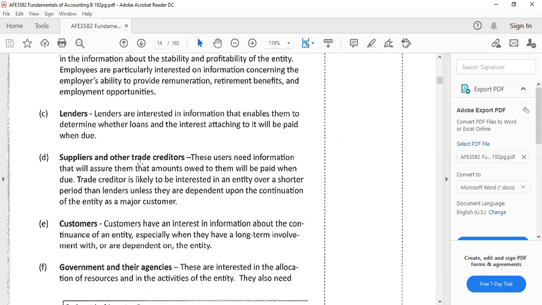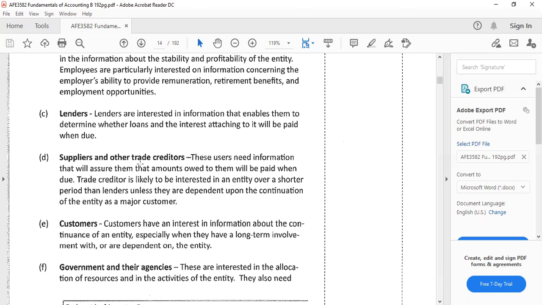Now the trade creditor is likely to be interested in an entity over a shorter period than lenders unless they are dependent upon the continuation of the entity as a major customer. So these people are mostly interested in your current assets. Do you have enough money to pay off? Remember, their debts are paid within a shorter period of time compared to the lenders.